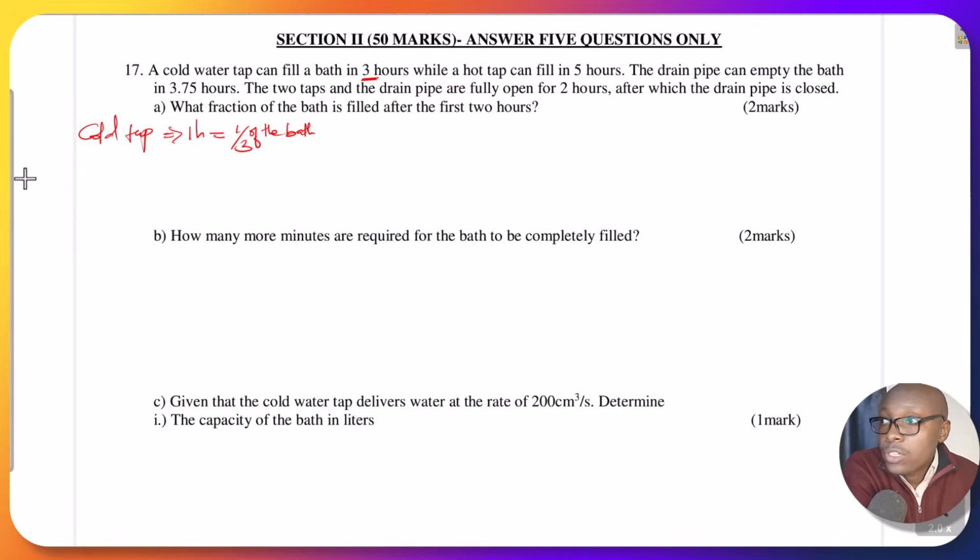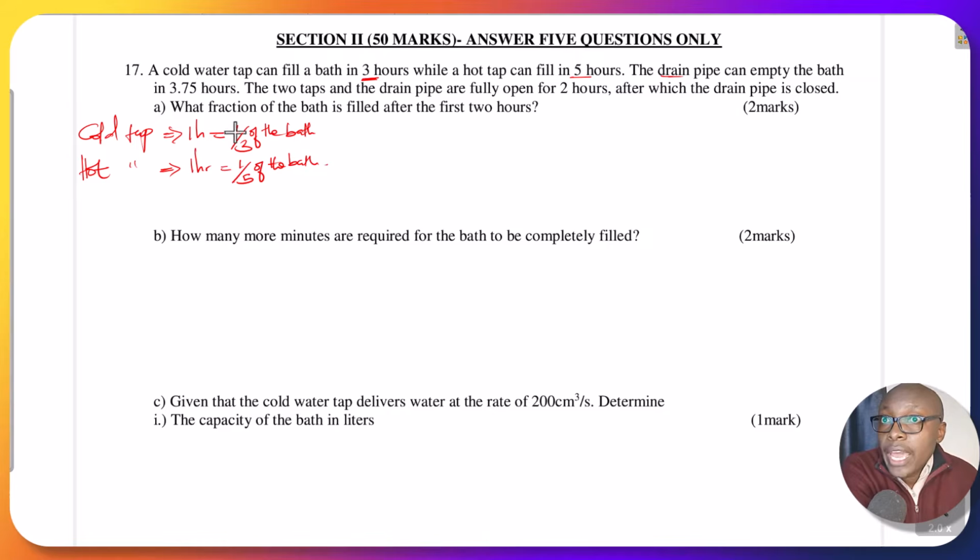Then for the hot tap, this one can fill the bath in 5 hours. So that means in 1 hour, it can fill 1/5 of the bath. Then you have the drain pipe. The drain pipe removes the water.